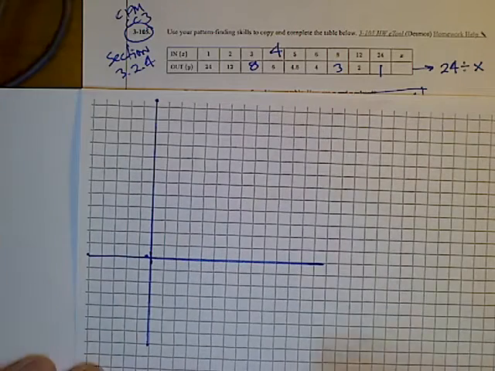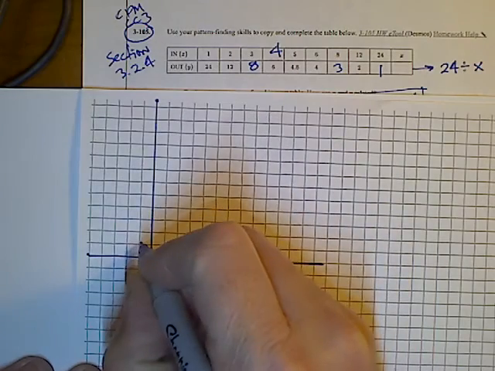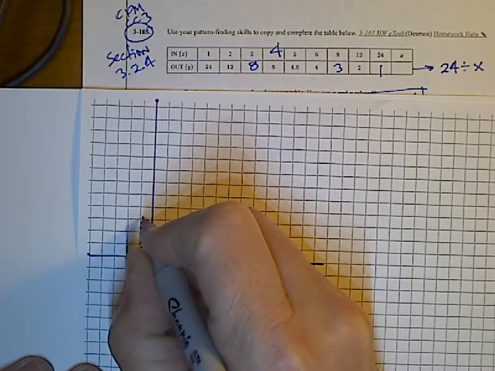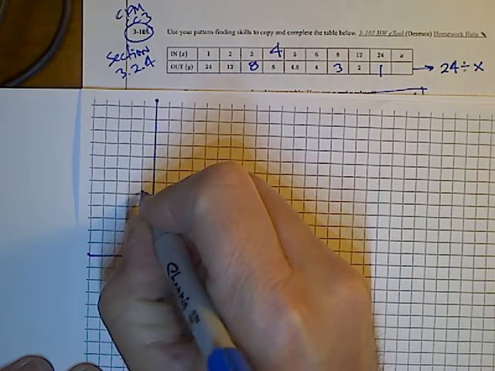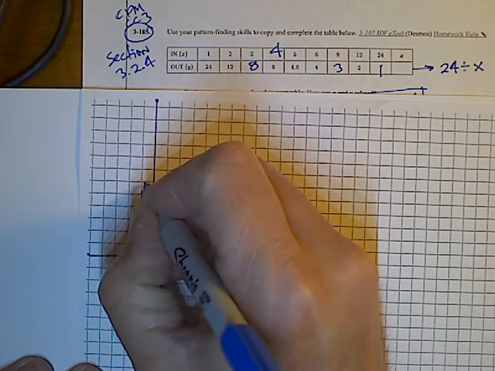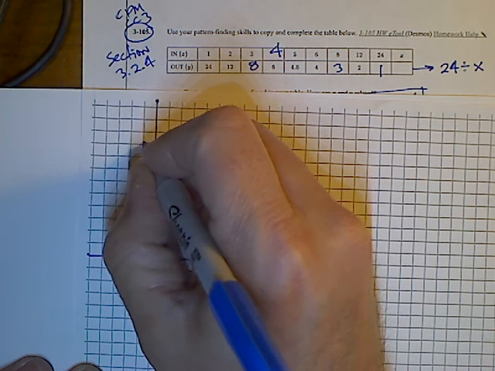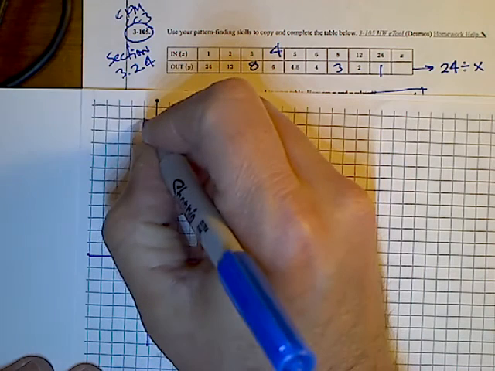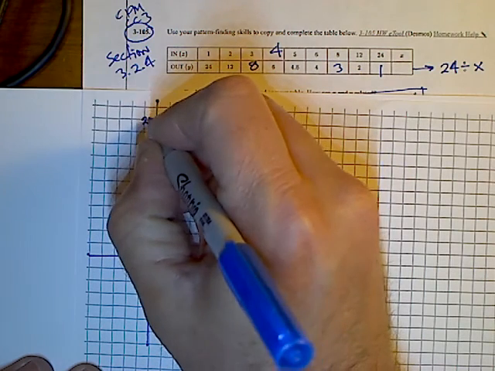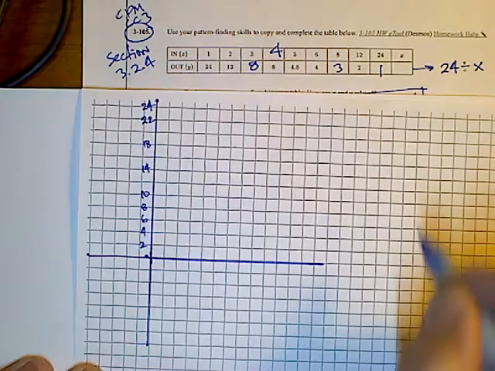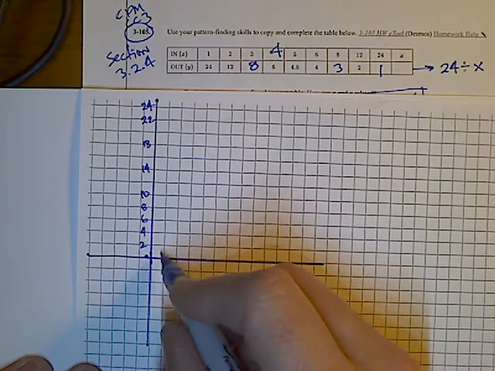The other thing that's unique is if you look, there's no negative in this table of values. There's no negative values. So I'm mainly going to be graphing the positive, which is the first quadrant. So let me just count and get some values here.